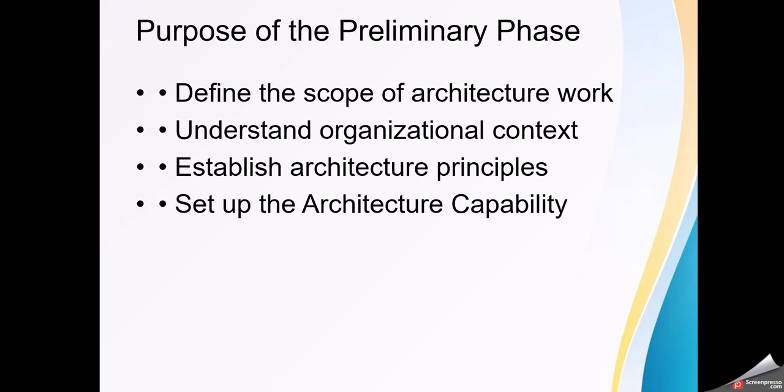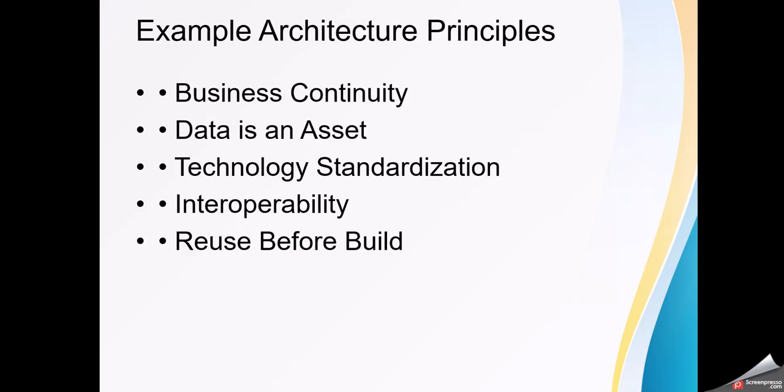Then you have establishing the architecture principles. I have given some examples here. What are all the architecture principles? Maybe business continuity, say in typical telecommunication areas, or for example, in a communication hub or something like that, the business continuity has to be there. You can take an example of Azure Cloud.